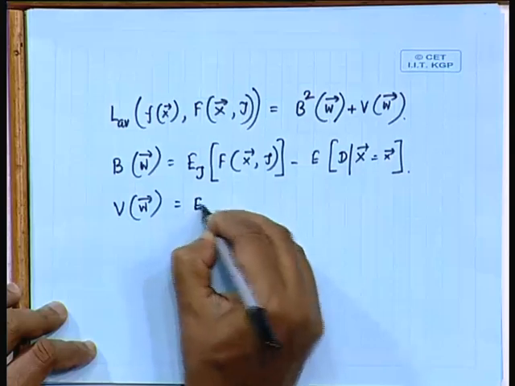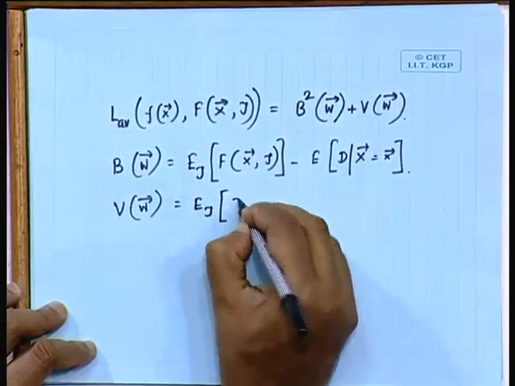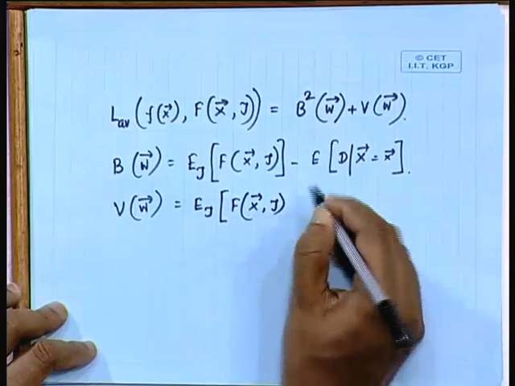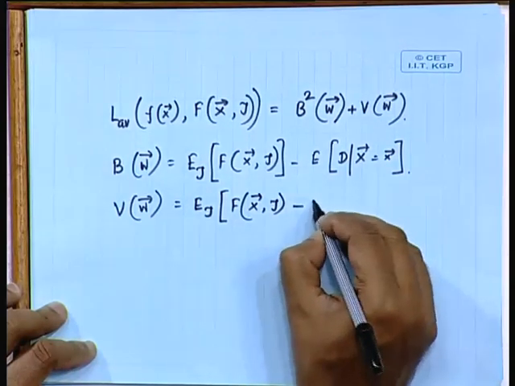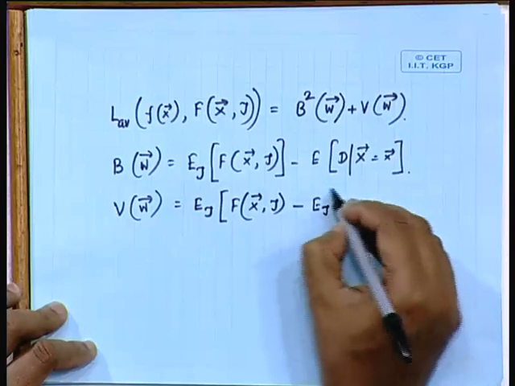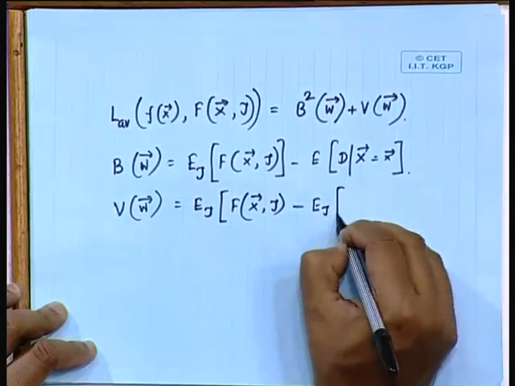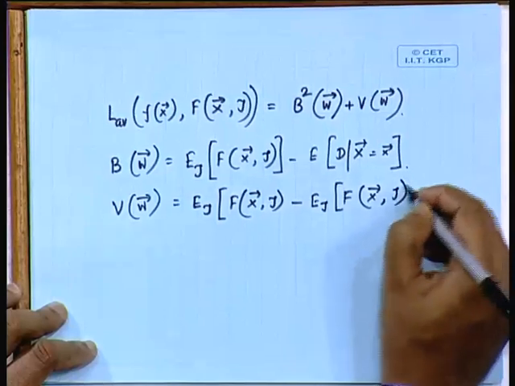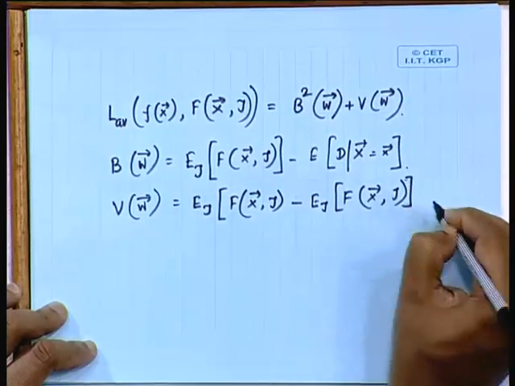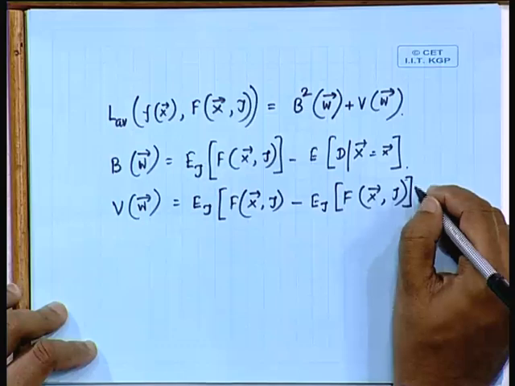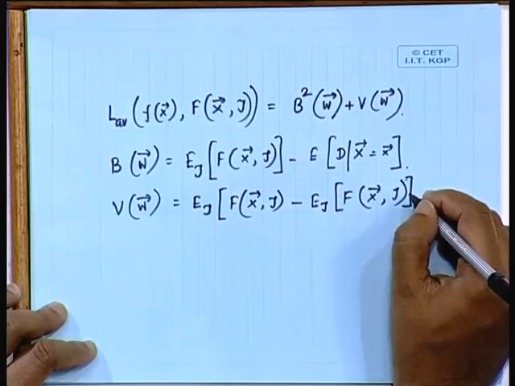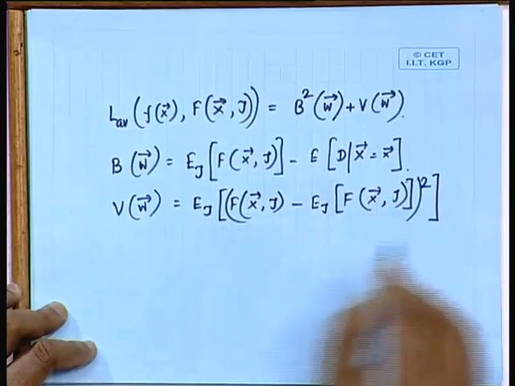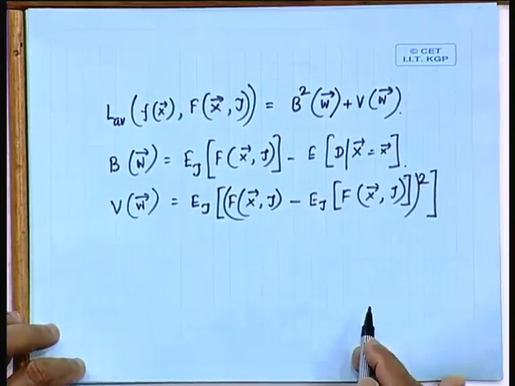It is E t of f x t minus E t of f x t, and you get this thing squared. So, we have to square it up, expectation of this squared quantity. So, this is the variance.